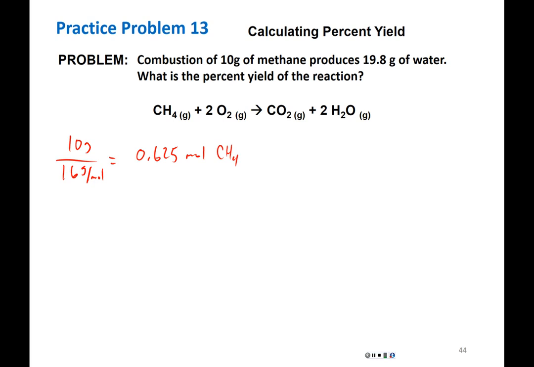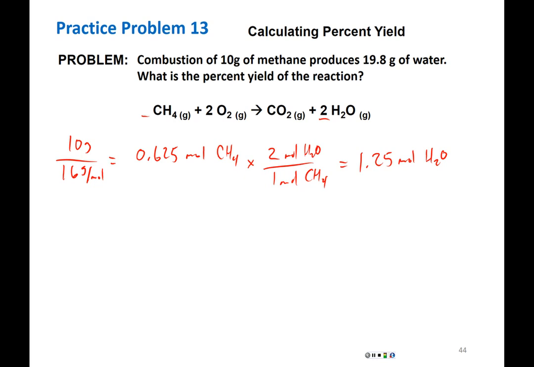Okay, so how many moles of water can be produced by that number of moles of methane? Well, we use the ratio in the chemical equation. That's 2 moles of water produced for every 1 mole of methane. So theoretically, we can produce 1.25 moles of H2O for 10 grams of methane.